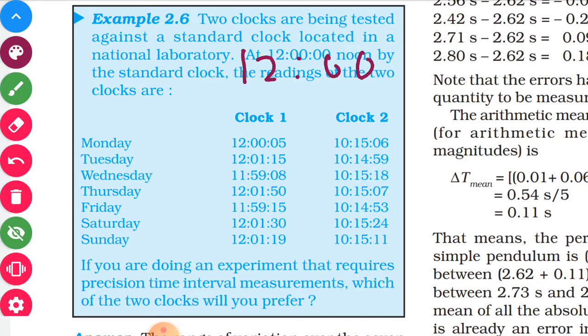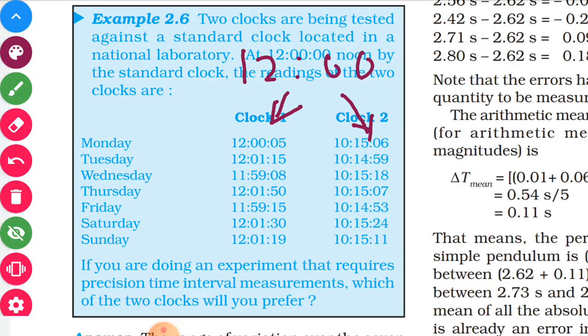With respect to 12 noon, the first clock is showing this much time. On Monday this shows 12 hour 0 minute 5 second and so on, and the other clock is showing the time 10 hour 15 minute 6 second on Monday and so on.